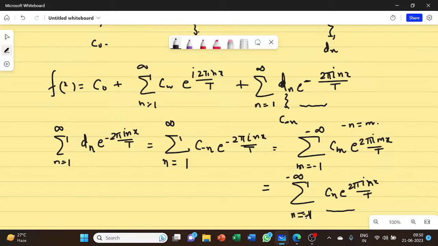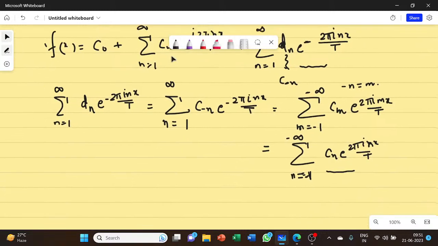Even if you want to add c_(-1) plus c_(-2) plus c_(-3) up to c_(-infinity), or you run from c_(-infinity) till c_(-1), this will be one and the same thing. Since addition is commutative, you can even interchange these limits, like you can place n equals minus infinity here and n equals minus 1 here. I hope it is clear.